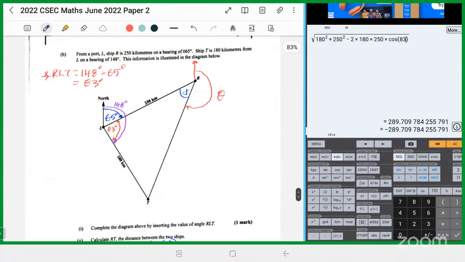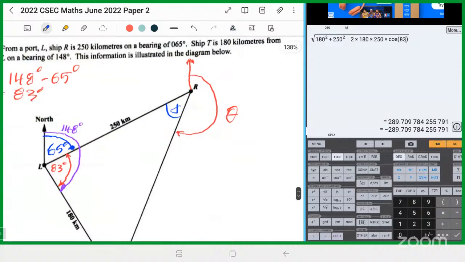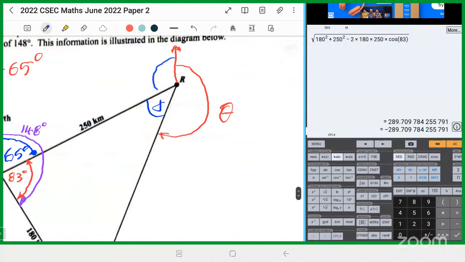But this is theta that we want. To get that theta, another angle that will help us is this angle over here. Then we could use the fact that the total angle around a point is 360 degrees. So the question is, what is this angle?